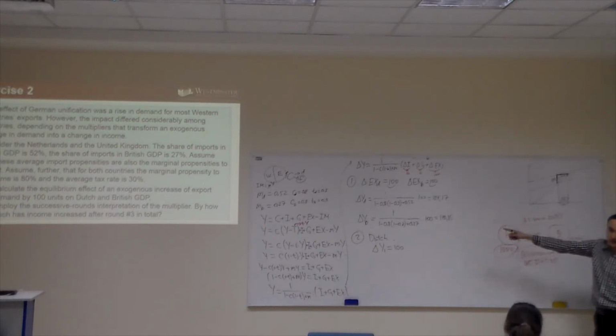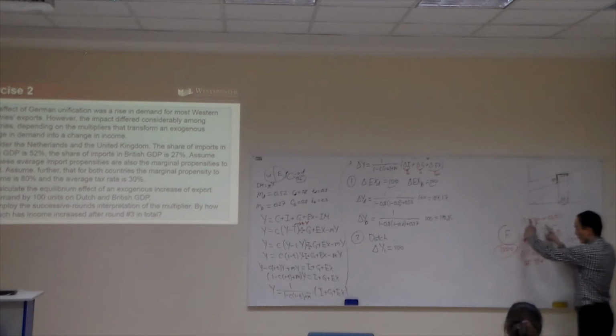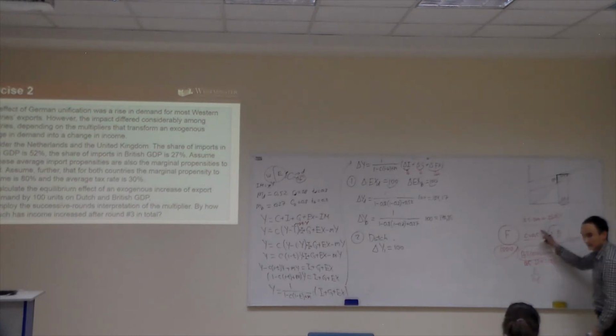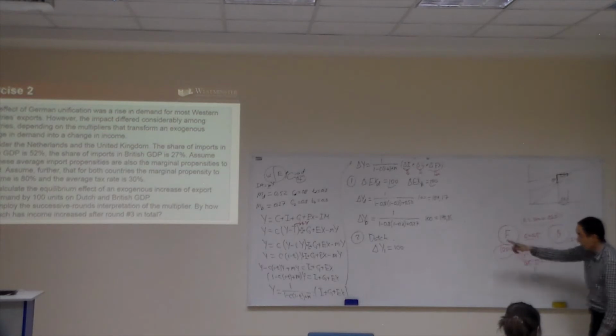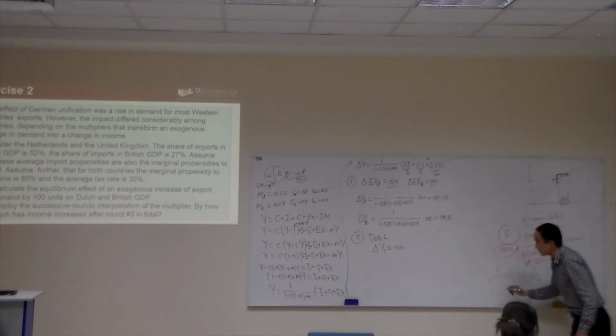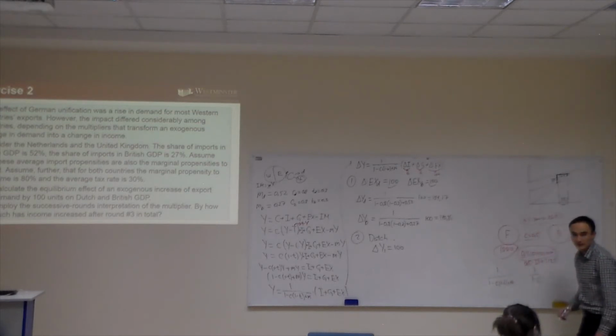Now we consider the marginal propensity to consume, which is 50% in the simple case. But in this case it looks different, 80%. For the simple economy, the multiplier is 1 over 1 minus C; we are not considering tax or imports. But in our case, the multiplier is 1 over 1 minus C times (1 minus tax), plus M, right?